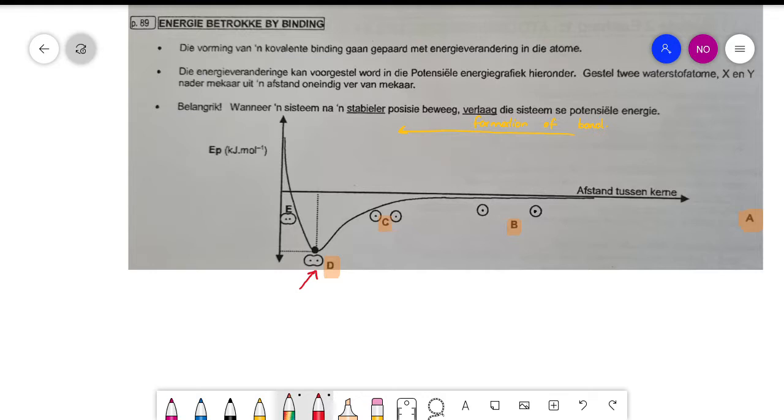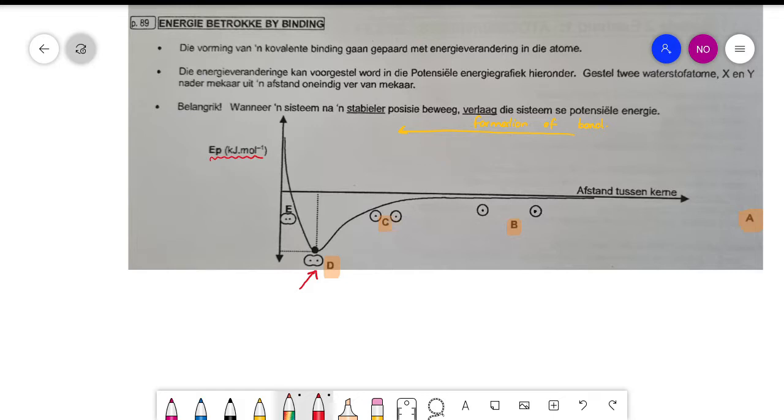Die een ding is, jy kan die bindingsenergie van hierdie grafiek aflees. En ek wil hê julle moet dit vir my neerskryf. Do you guys see that energy is on the y-axis? Sien julle dit?